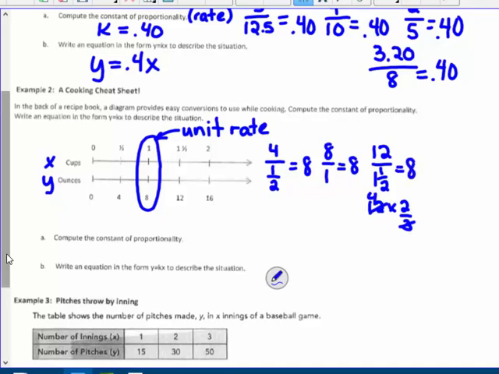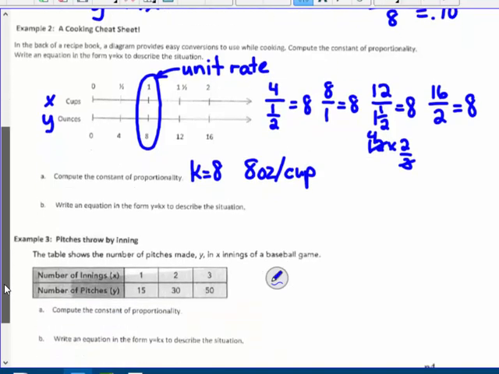Remember, multiplicative inverse. And 16 divided by 2 is also 8. So they are all constant. The constant of proportionality is 8. K equals 8. Yes, there are 8 ounces in 1 cup, 8 ounces per cup. And that's true. When you're measuring things, 8 ounces is a cup.